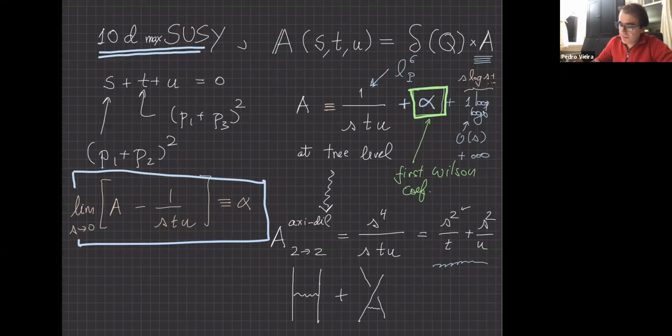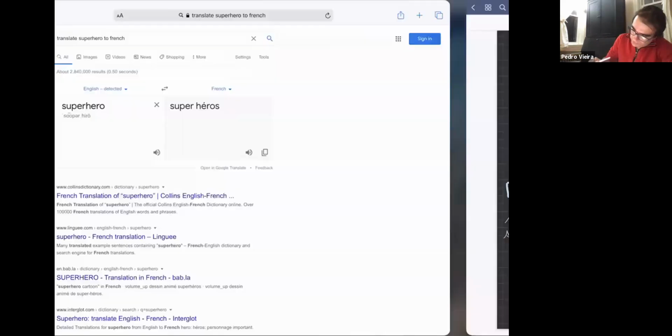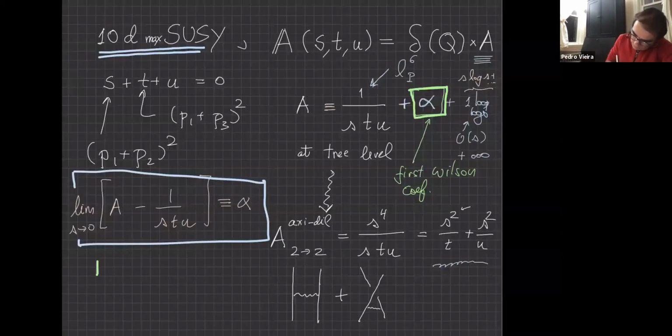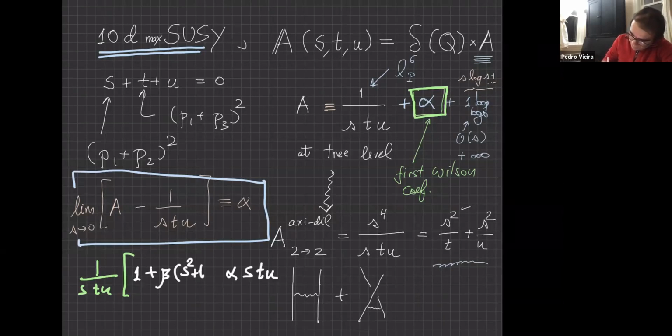If I factor out the 1 over STU, then there is 1, and then alpha times STU. And you are asking, why can't I have some beta times s squared plus t squared plus u squared? And the answer is what Shiraz already said: by supersymmetry, this term would correspond to an R squared that is not there.